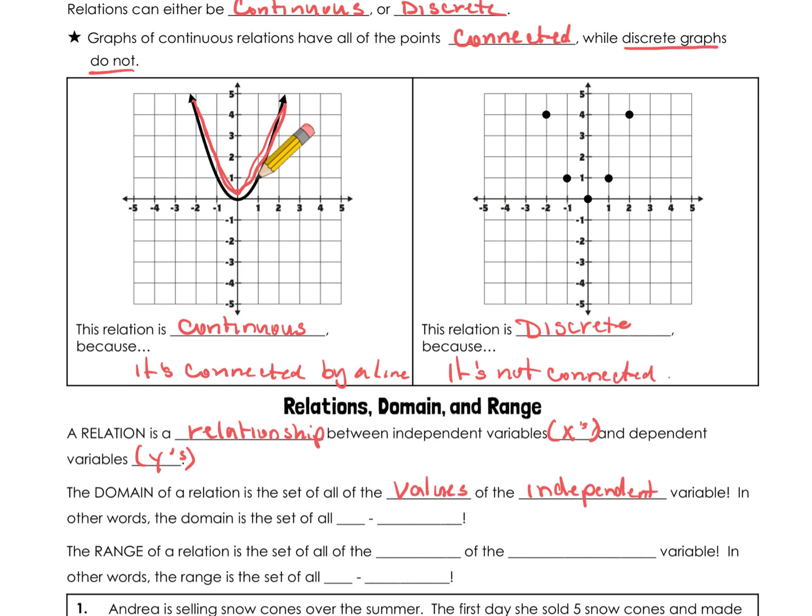In other words, it's the x values. The range is the set of all the values of the dependent variable. In other words, it's the set of all y values.